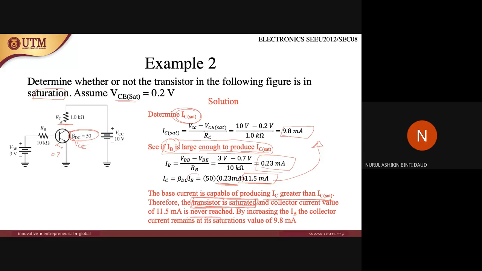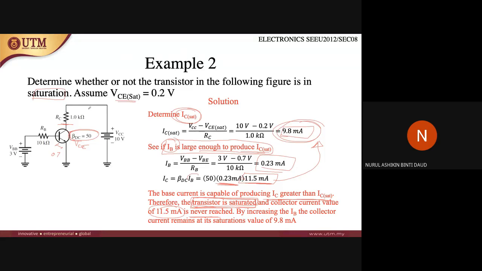The current that will flow here will only be 9.8 milliamps, although in calculation it's supposed to be 11.5, because it has already reached the saturation value, the maximum current.